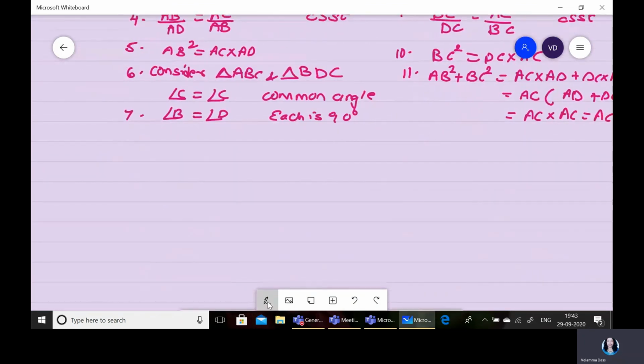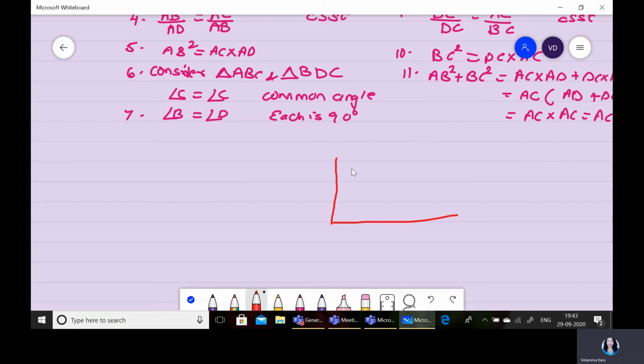The same thing we can generalize and say that suppose a perpendicular is drawn.